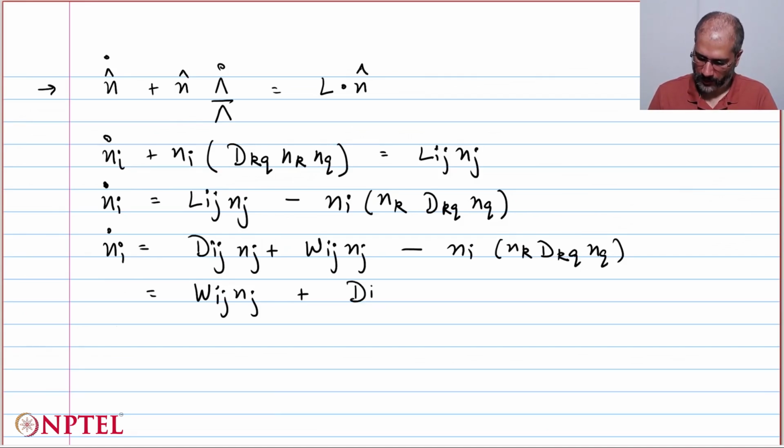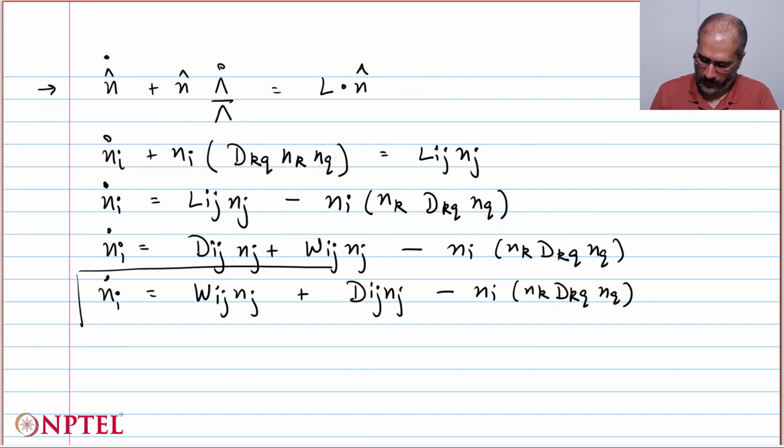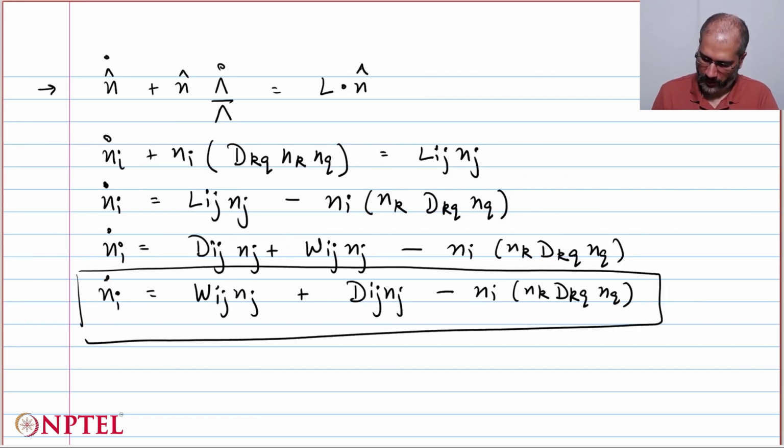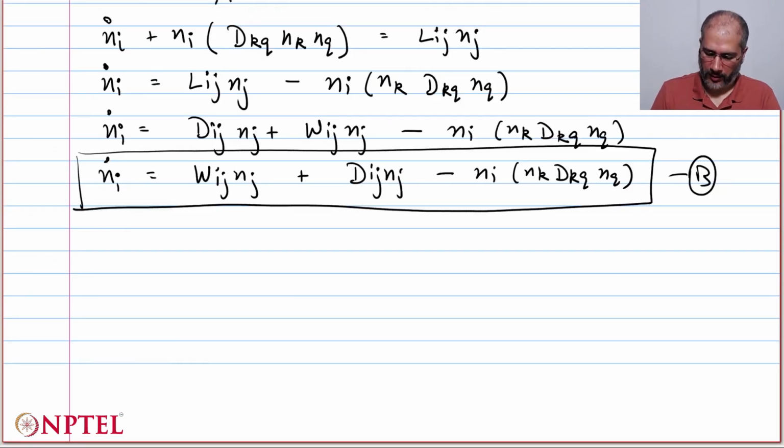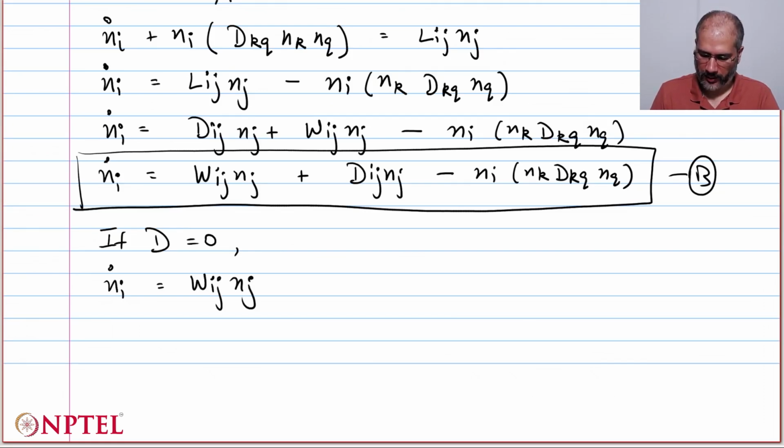So this is dij nj minus ni times nk and so on. And we will box this as we'll need this now. So again, if our d is 0, what that means is that ni dot becomes simply wij nj.